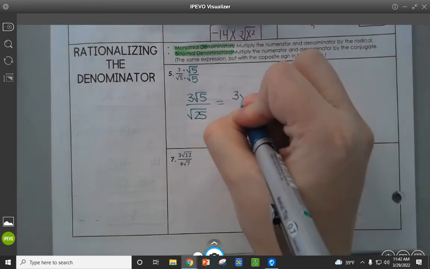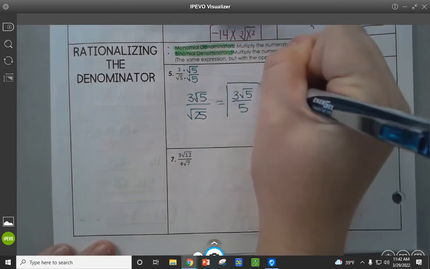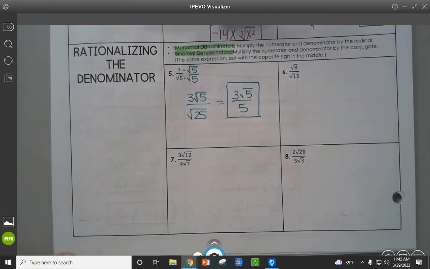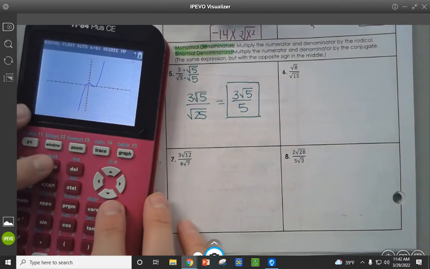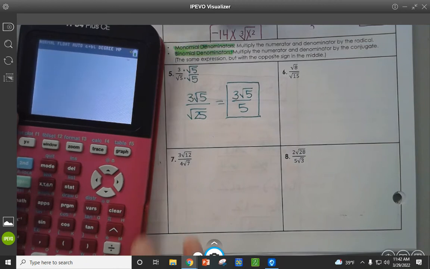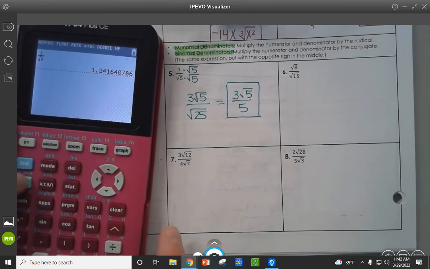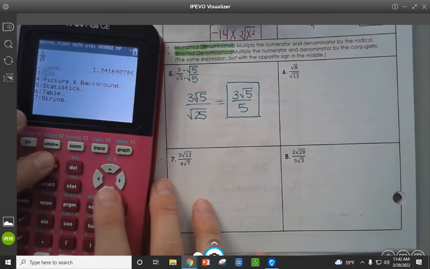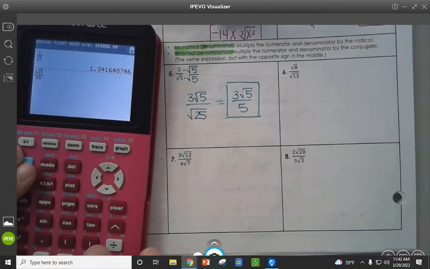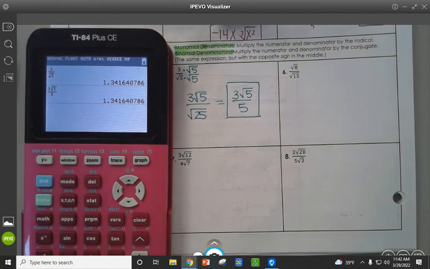So this is 3 square root of 5 over 5. And if you type both of those into your calculator, 3 over square root of 5, you should get the same decimal. So they're the same, just look a little different.